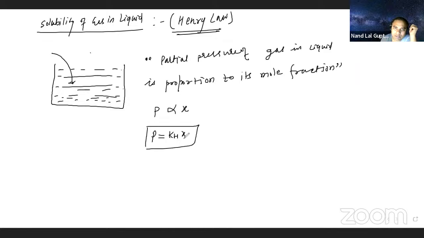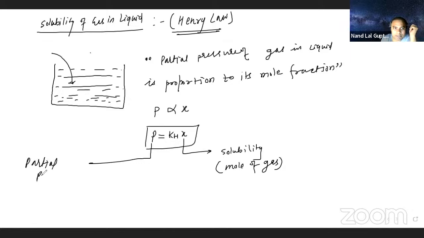Now, if I ask you what this x is, x is solubility. Solubility in terms of what? The mole fraction of the gas. And what is this P? The partial pressure of the gas.